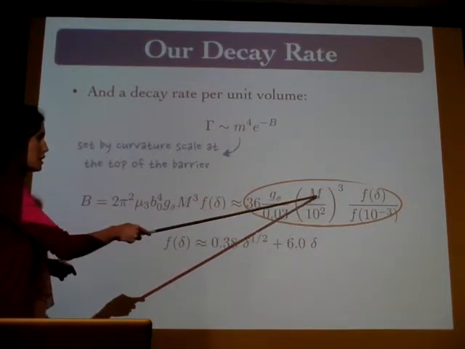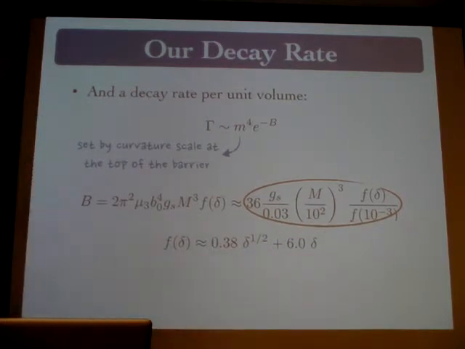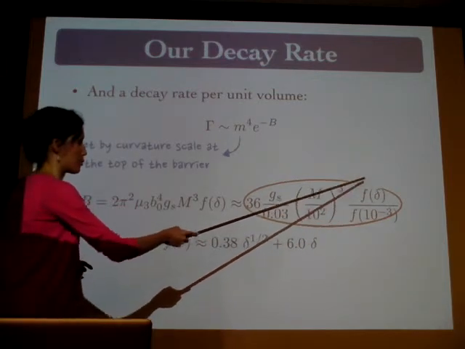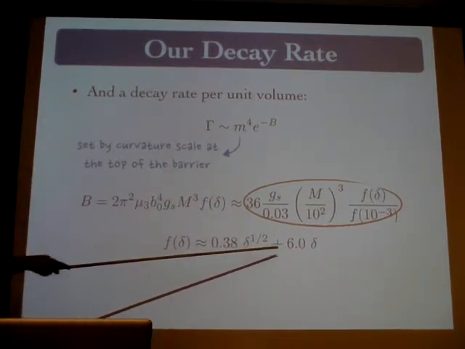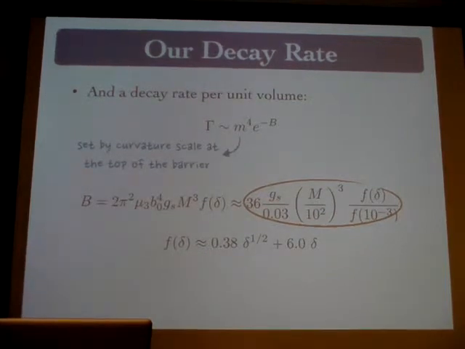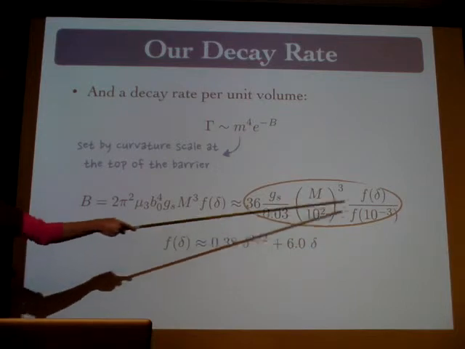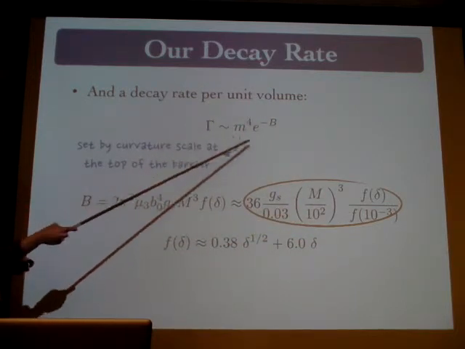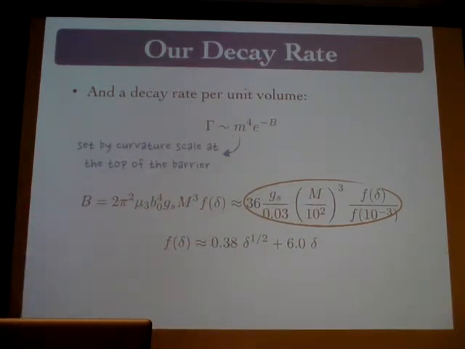But notice it depends very strongly on what the values of these fluxes are, in particular. And then this is some function of delta that we find numerically to be like this. But notice, as delta is becoming smaller, so delta becoming smaller means the barrier is disappearing, then this becomes smaller, which means this whole thing is becoming bigger. So it becomes easier to nucleate bubbles, as you would expect.